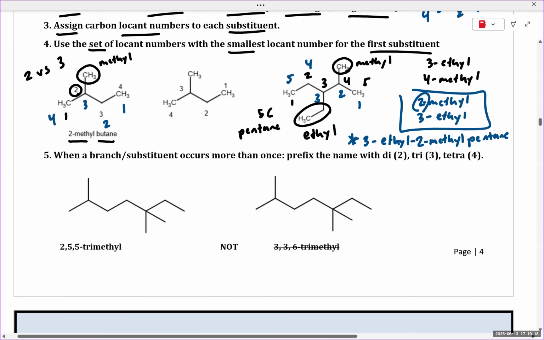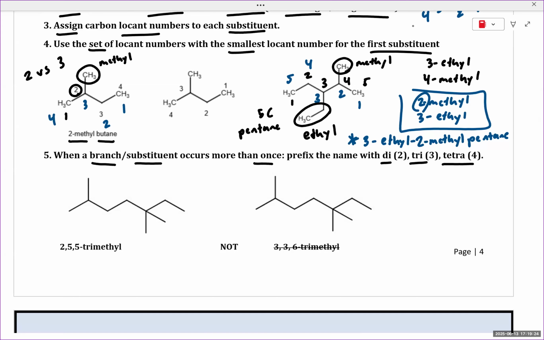Importantly, when a branch or substituent occurs more than once, you prefix the name with di, tri, and tetra. For example, in this case, we see that we have 1, 2, 3 methyl groups.